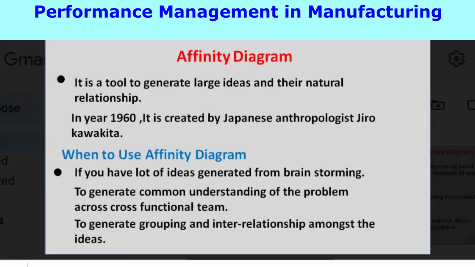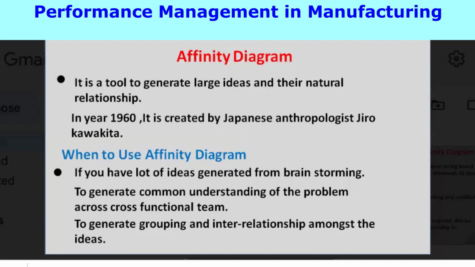So where is the affinity diagram used? When you require brainstorming of people, and your problem is complex in nature and requires cross-functional team involvement, means there is a requirement of different departments and their functions for the discussion and generating the ideas.